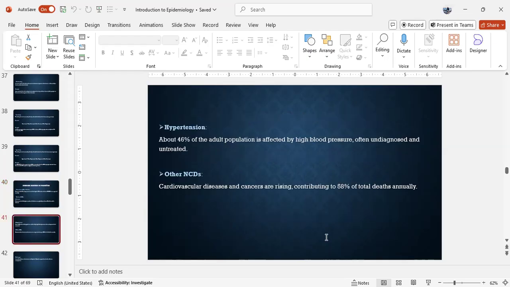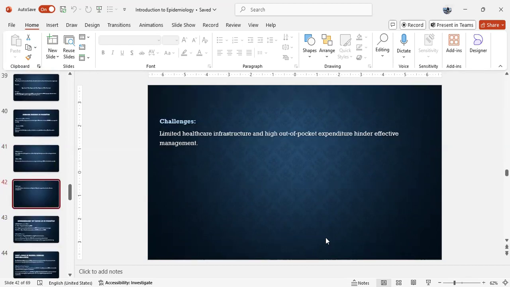About 46% of the adult population is affected by high blood pressure, often undiagnosed and untreated. Other non-communicable diseases, cardiovascular diseases and cancers, are rising, contributing to 58% of total deaths annually. Challenges include limited healthcare infrastructure and high out-of-pocket expenditure, which hinder effective management.